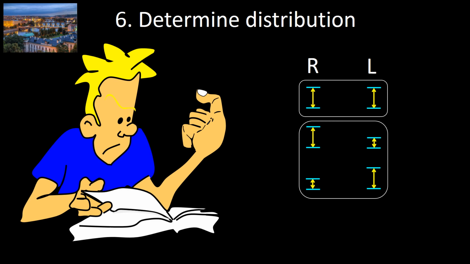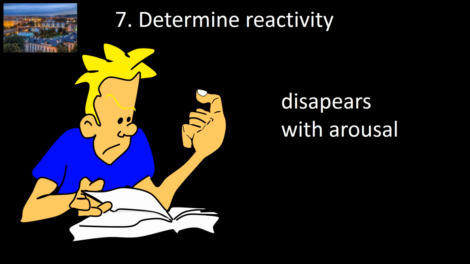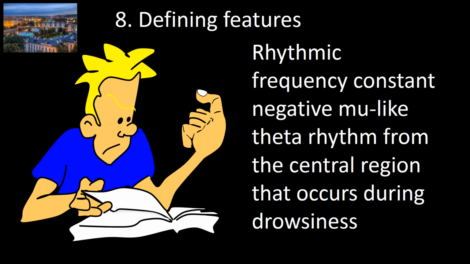Alternating asymmetries are sometimes found, but they are relatively minor. They disappear with arousal, and their most defining feature is their location below CZ, the sustained frequency of the arciform discharges, and that it is only present during drowsiness.